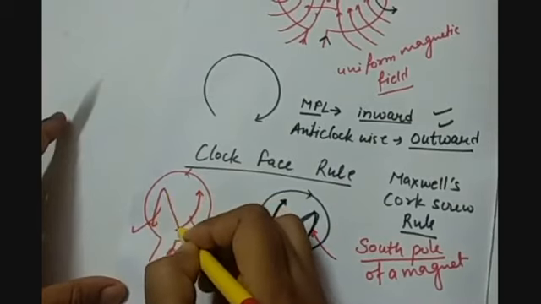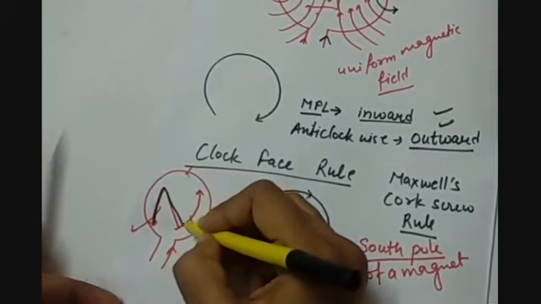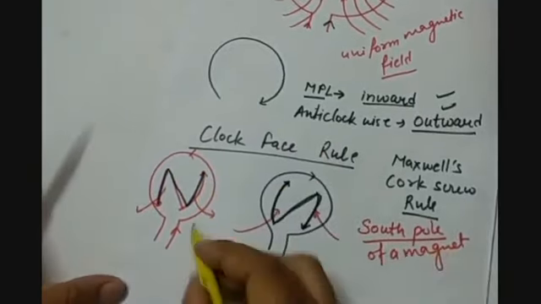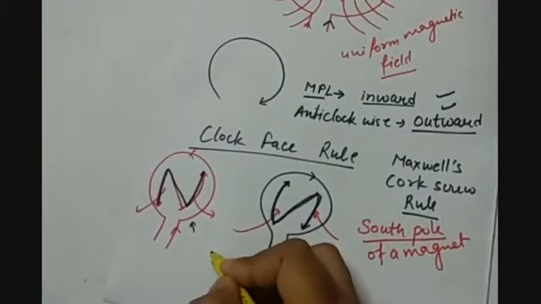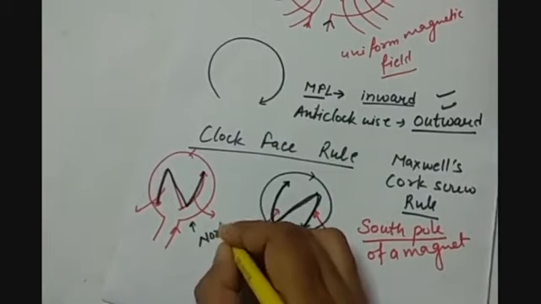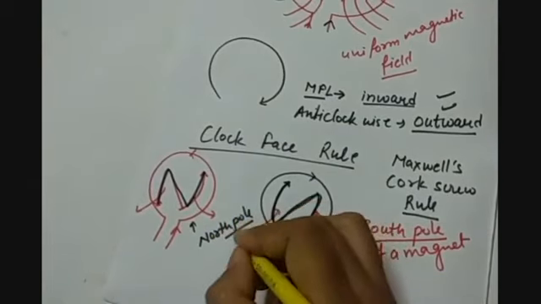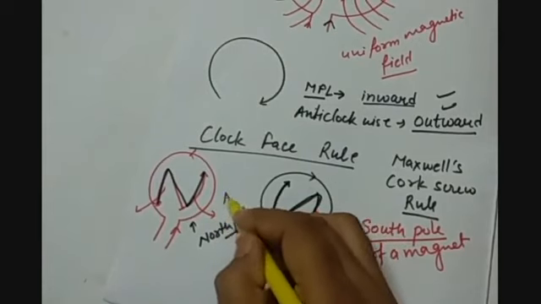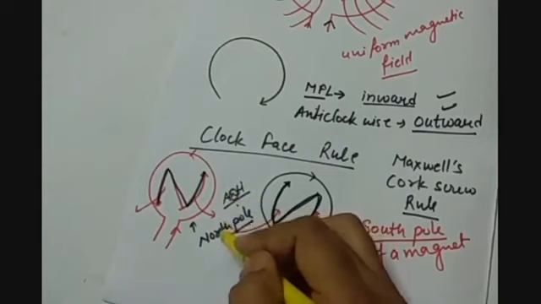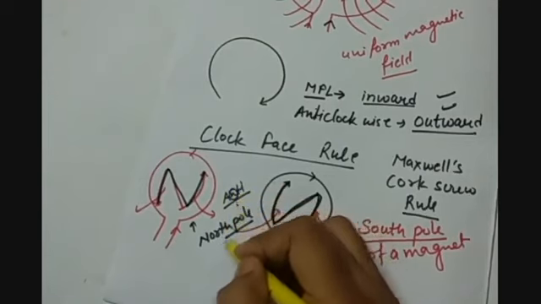If we join these, we get the resemblance of the alphabet N. That means this circular wire is now behaving as the north pole of the magnet. We can also relate it with the word ANTI, that when anti-clockwise current is flowing, there is N in the ANTI. That means anti-clockwise current, then north pole it is.